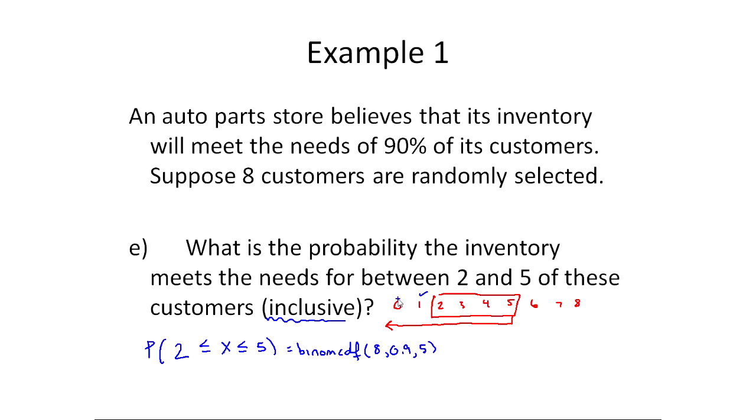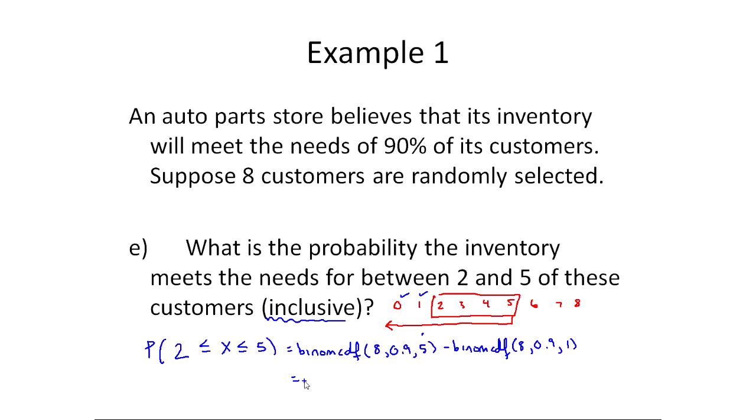We counted the 0 and the 1, and we didn't want to. So now I need to get rid of those. How do I figure out what those are worth? Well, that'd be CDF of 1, because CDF counts down from whatever you plug in all the way to 0. So this would be minus binomial CDF of n, which is 8, p, which is 0.9, and c, which is 1.